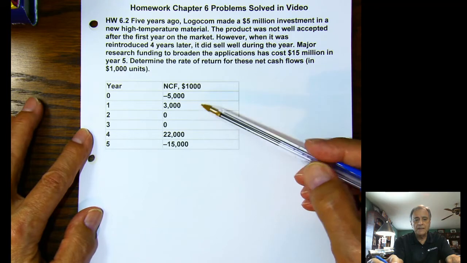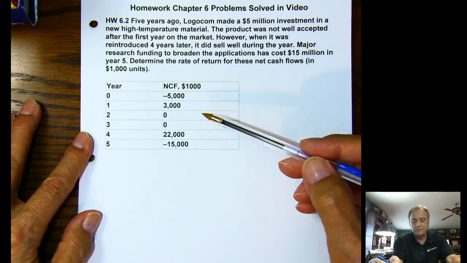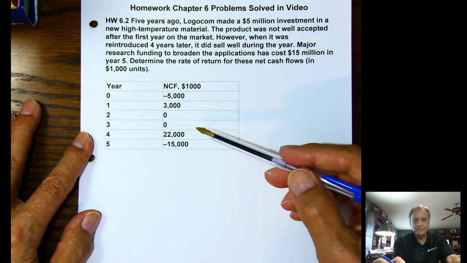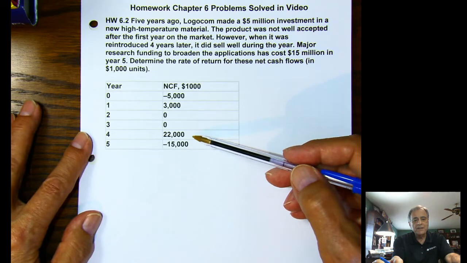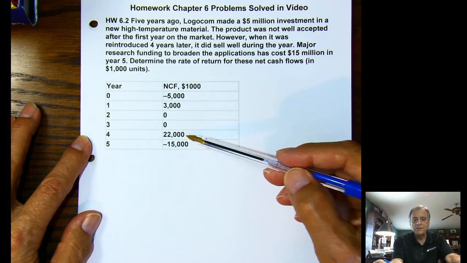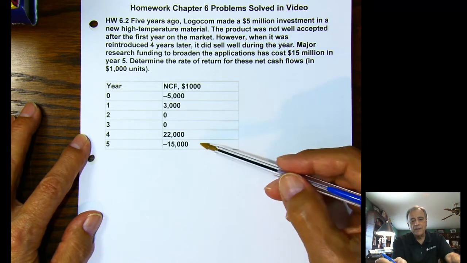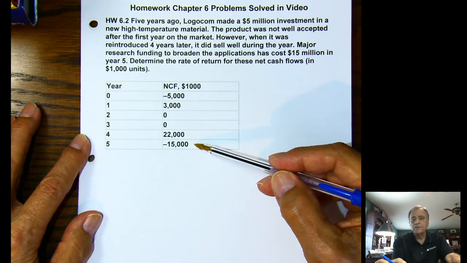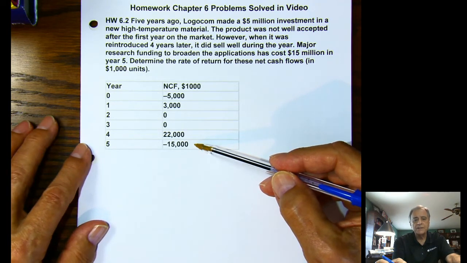And then in year 4, the product became accepted by the market. They made $22 million, which is expressed as 22,000 because these are thousands of dollars. And then finally, in year 5, they spent another $15 million on research to broaden the application of the product.